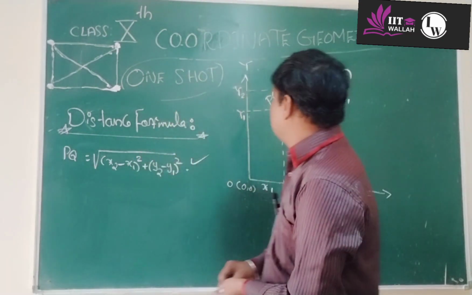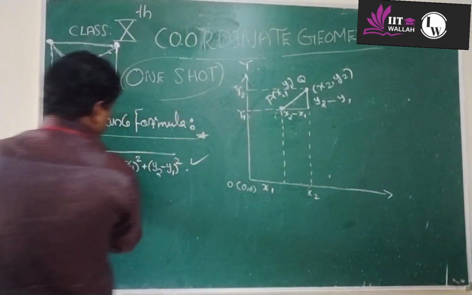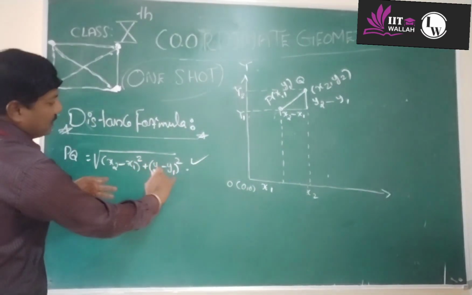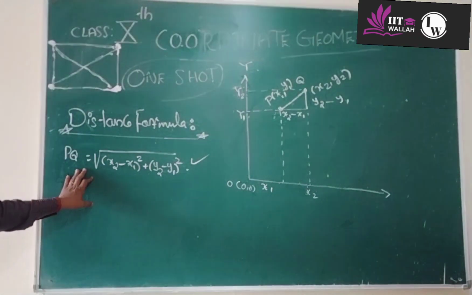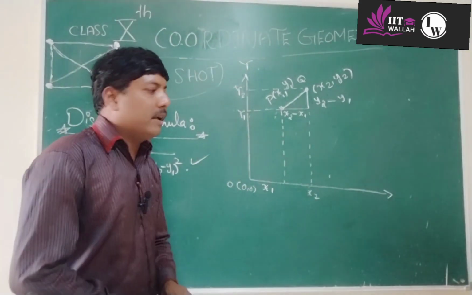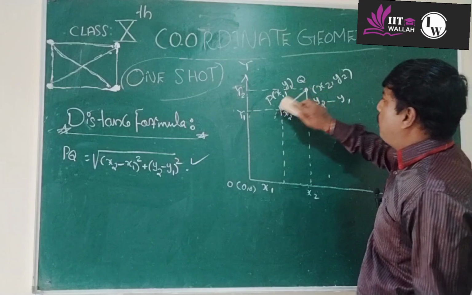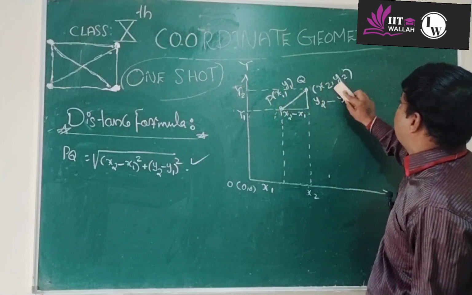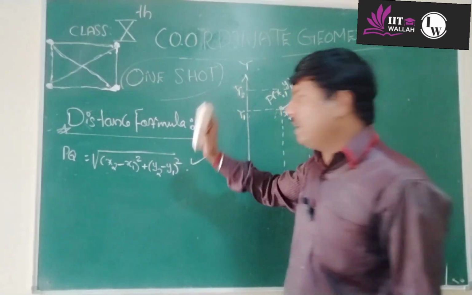So from this figure it is clear that the distance PQ is root of x2 minus x1 whole square plus y2 minus y1 whole square, using the Pythagoras theorem. So easy. Here P is x1, y1 and Q is x2, y2. You understood clearly? Okay.